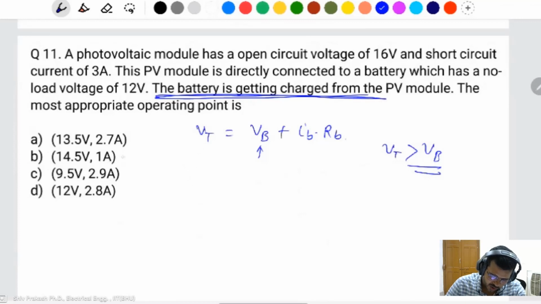The options are 14.5 and 30.5, but the current rating of the first is very low. That's why you can choose 30.5 and 2 ampere. Ib is 2.7 ampere.